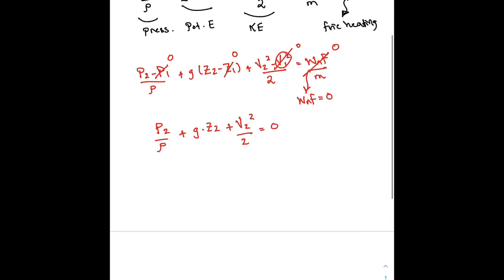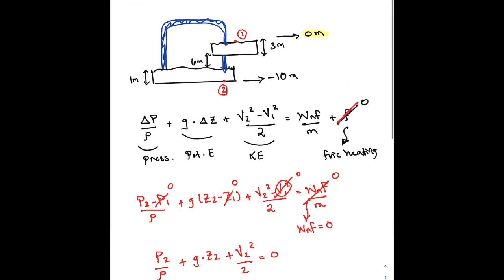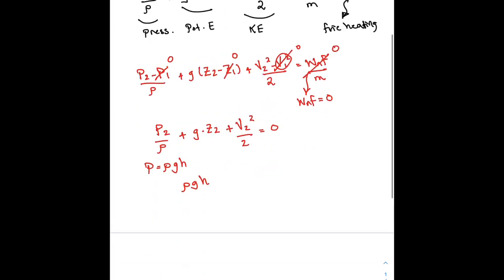So now we need to find, we don't know what P2 is, but we do know that the pressure is rho GH, and we can put that into our equation, rho GH, and that H will be the height at 2, and that's simply 1 meter right here. 1 meter is from here to here, the height of the water.